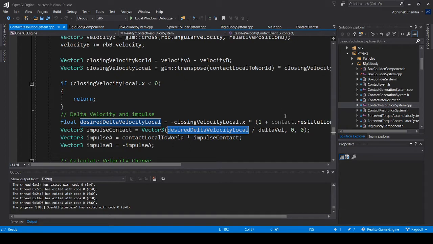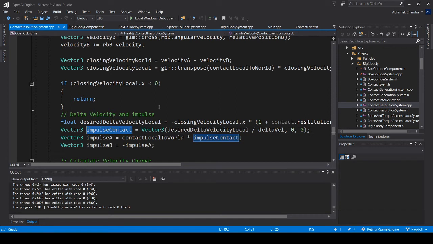Then the actual impulse just becomes desired velocity divided by delta velocity. Note that we are only doing it in the x-axis because we know that the impulse will be along the normal. So this magnitude of impulse will be all along the normal, and since this is in the contact coordinate system, that just means it is that value in x and the other two coordinates are 0.